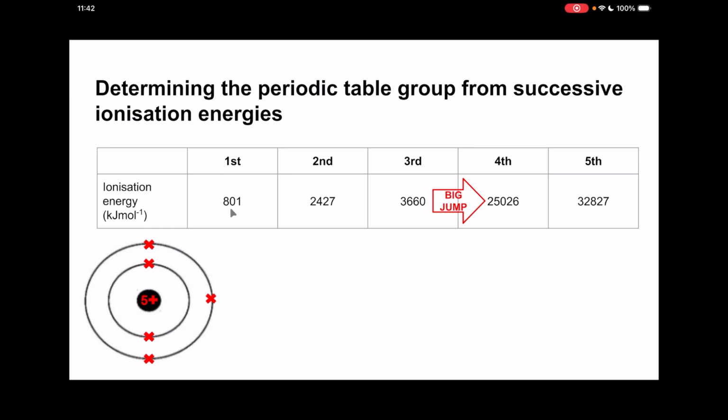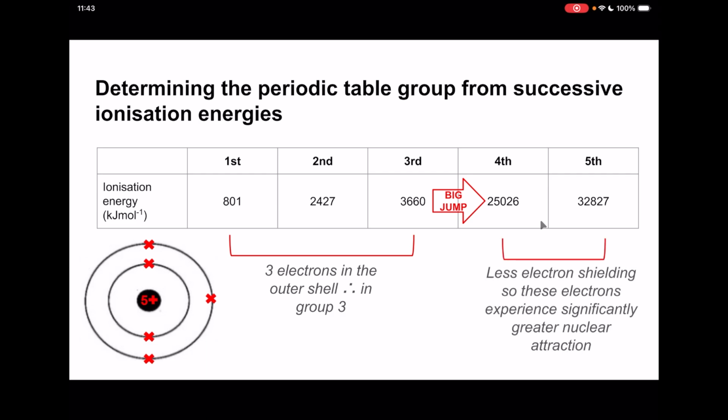So you can see we've got the steady increase for the first, second and third, and then we've got this big jump up, this significant increase in ionization energy going from the third to the fourth. So these numbers are confirming the fact that boron's in group 3, and these 2 electrons here must be in an inner shell because they experience less electron shielding and significantly greater nuclear attraction.